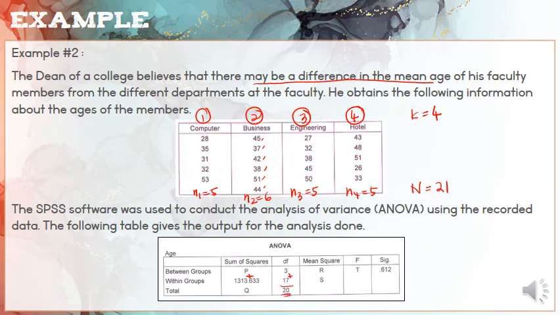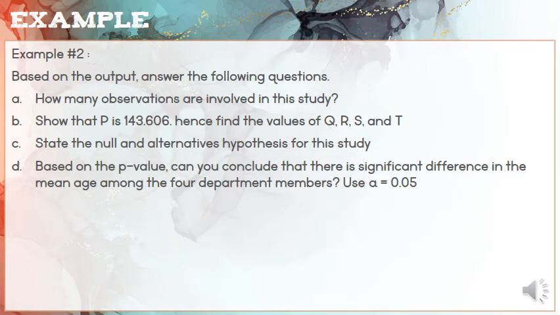R is P divided by 3. S is 1313 divided by 17. And T is R divided by S. This is your F value. So let's see how to answer.